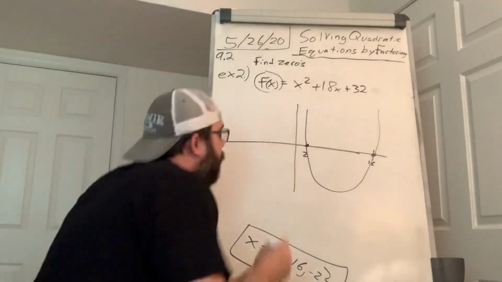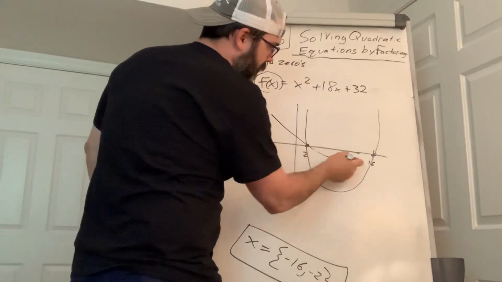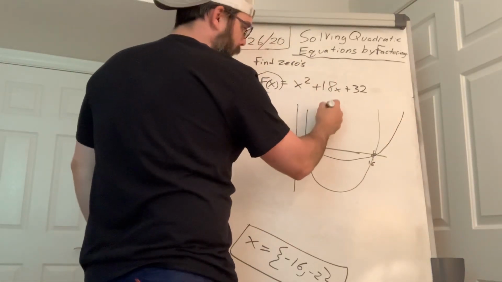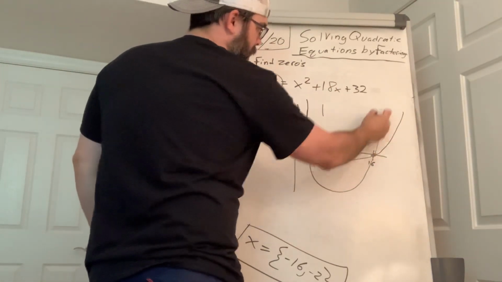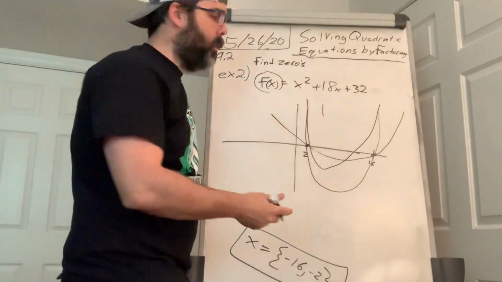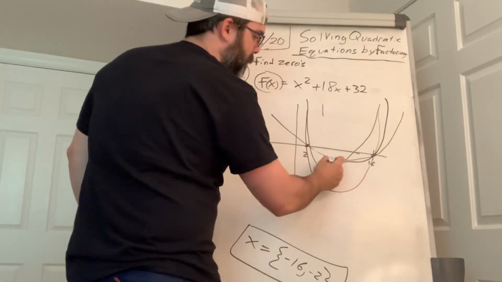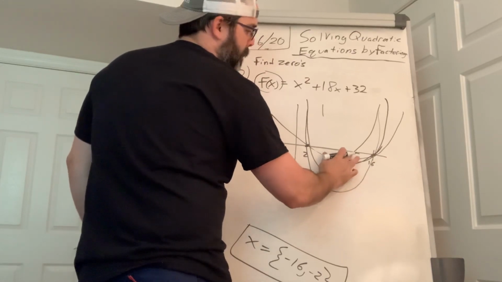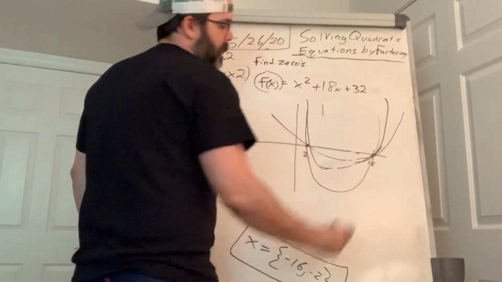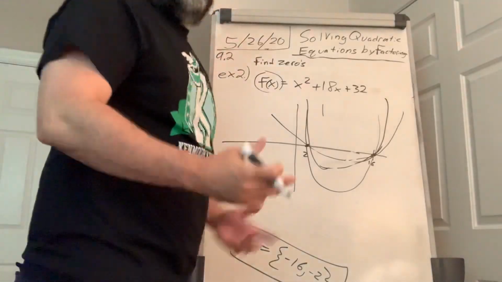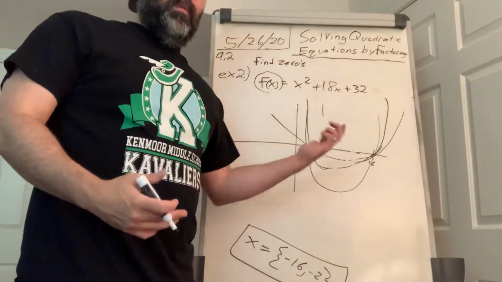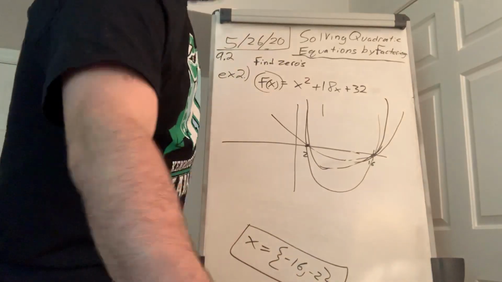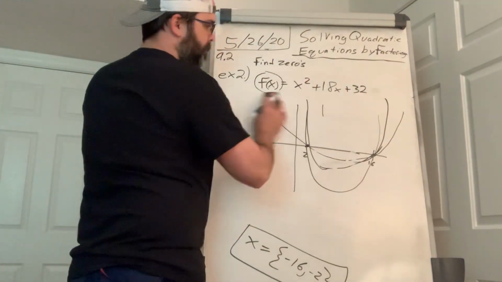It could be like this. It could be like this. We don't know exactly what the function looks like, but that's not what we're doing here. We're just trying to find the x-intercepts. All right, so those are our x-intercepts.